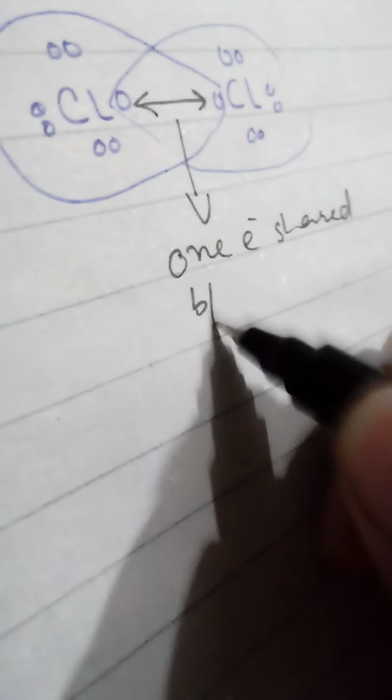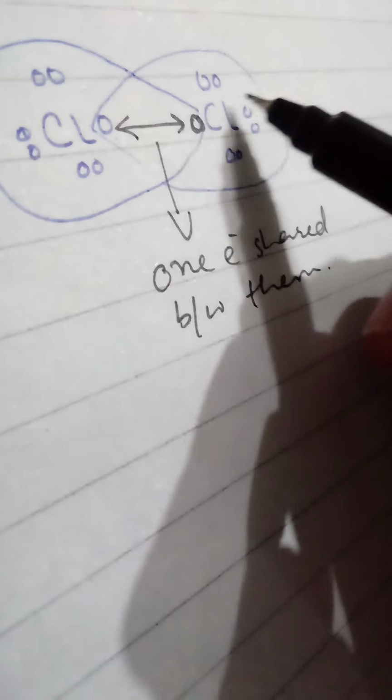Only one electron is shared between them. This one electron is 50% owned by each chlorine atom.